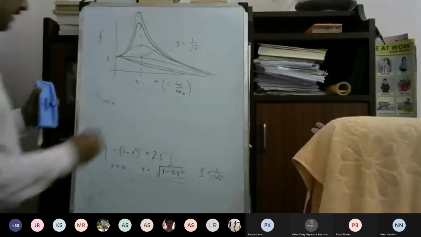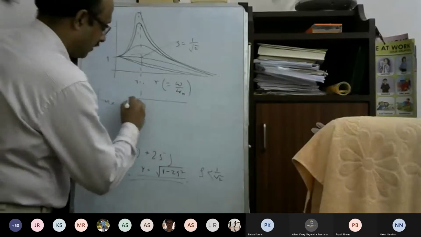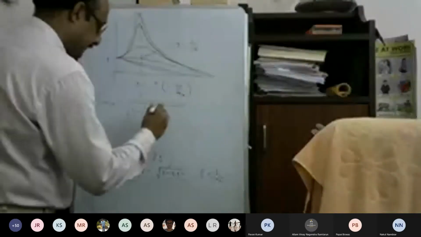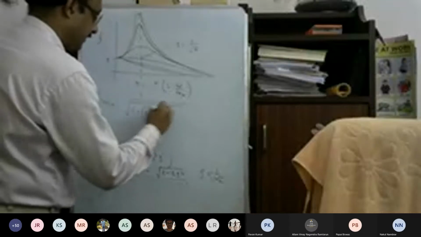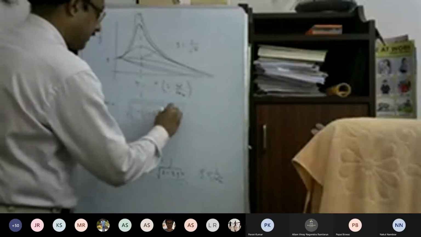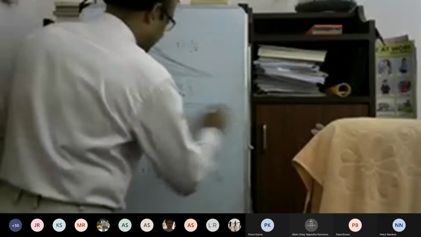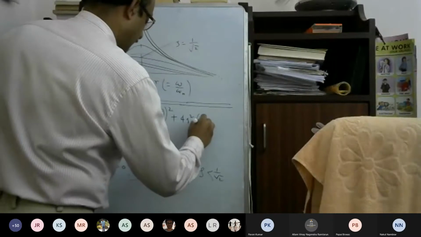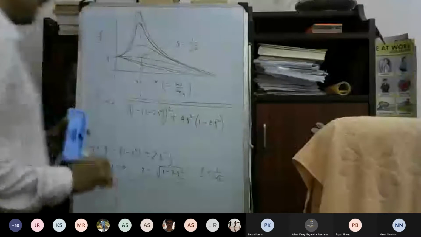F max will be equal to 1 divided by the square root of (1 minus 2 zeta square) minus R square, whole square, plus 4 zeta square times (1 minus 2 zeta square).